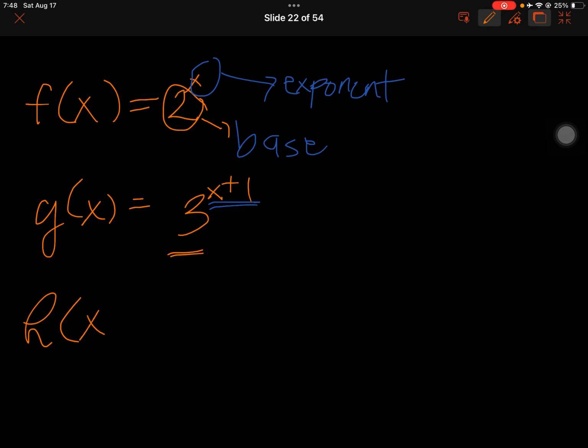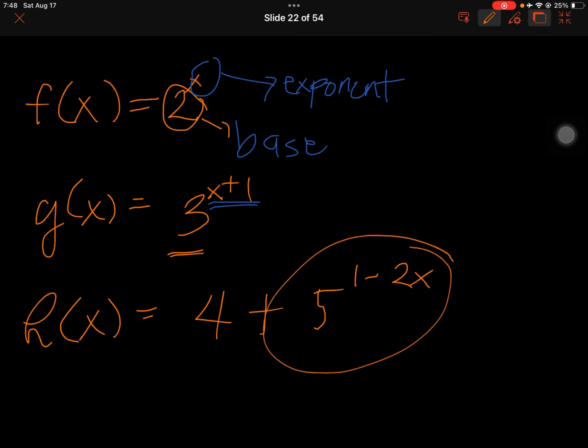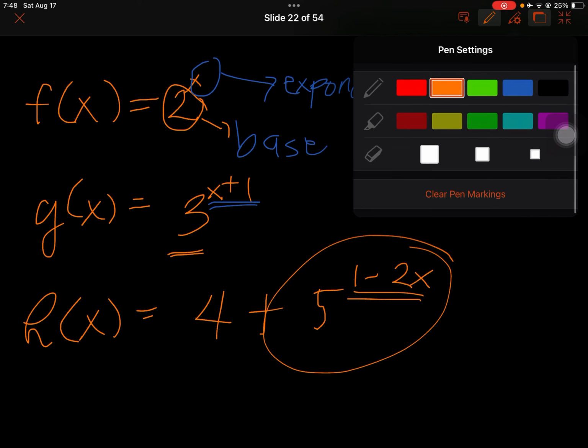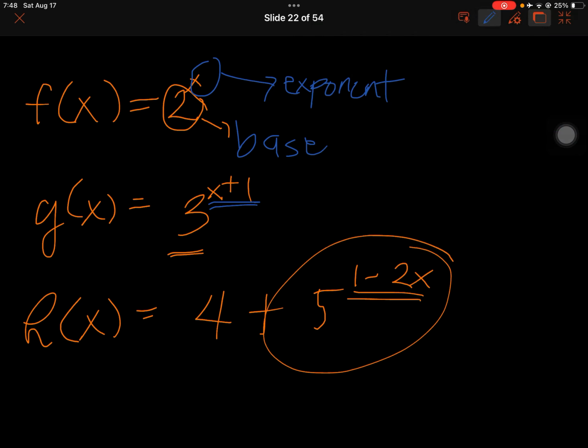Another example, h of x is equal to 4 plus 5 raised to 1 minus 2x. Again, here we have an exponent that has a variable. How about f of x is equal to x squared minus 2x plus 1?